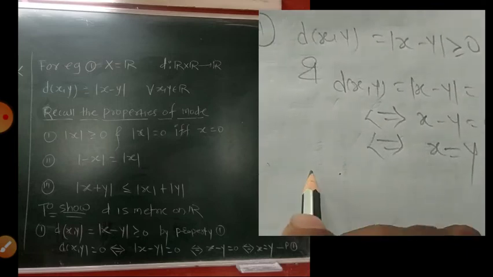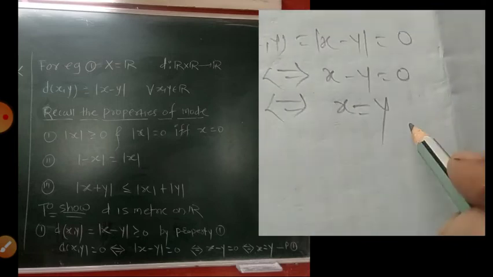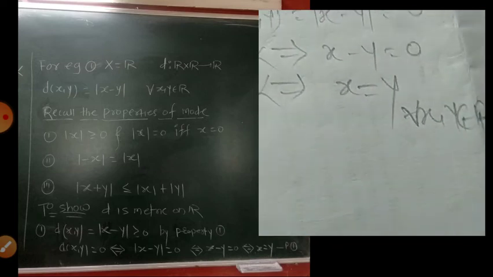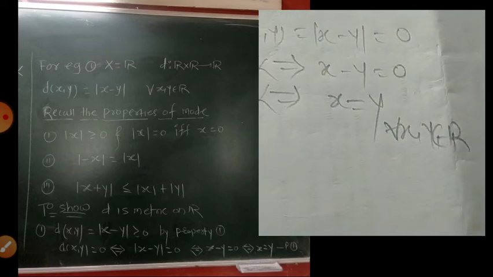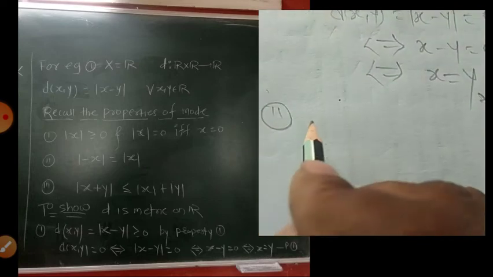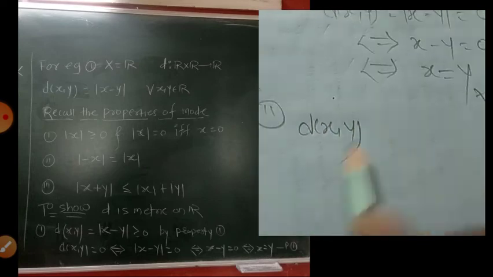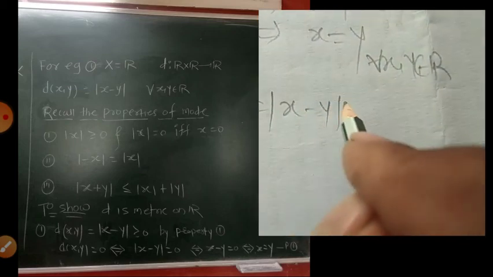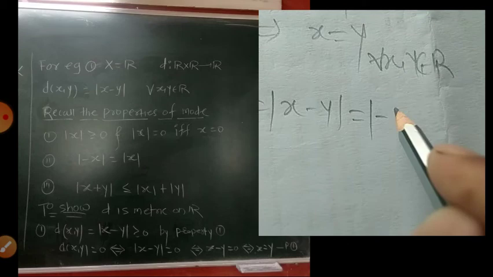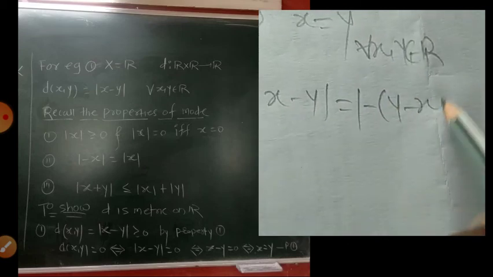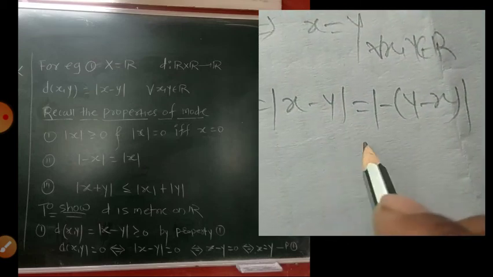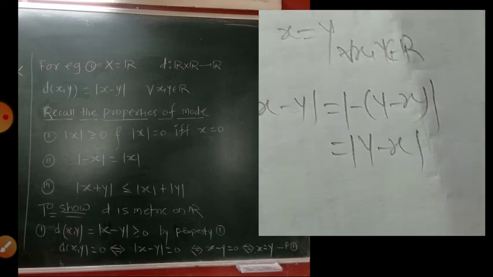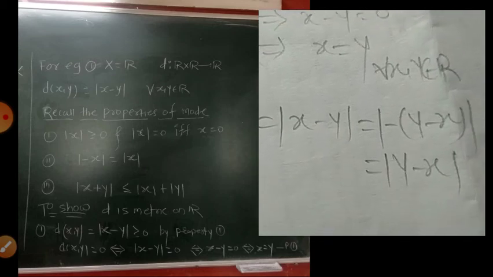Now the second condition we have to show. For all x, y belonging to R, our set of real numbers, the distance between x and y is mod of x minus y, which equals mod of minus of y minus x, which equals mod of y minus x by the second property of mod.